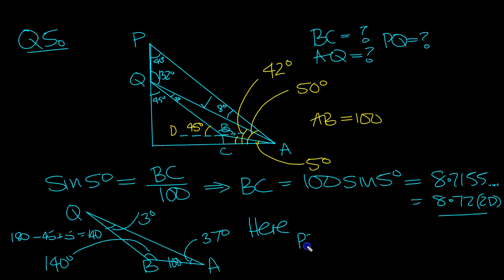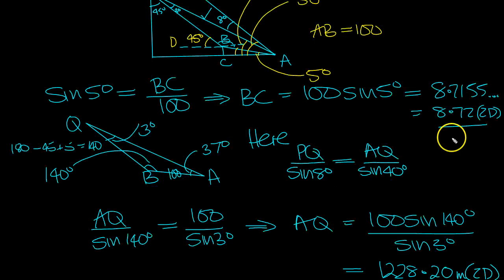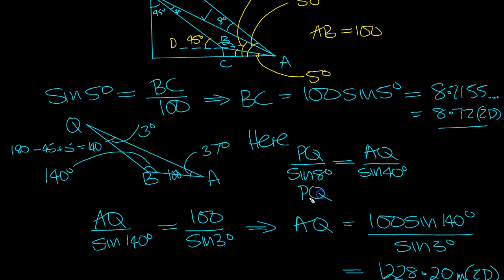Here, PQ over sine of 8 is equal to AQ, which we know, over the sine of 40. We've got that in the calculator, so we can be nice and accurate. So PQ equals AQ times sine of 8 divided by sine 40 degrees.